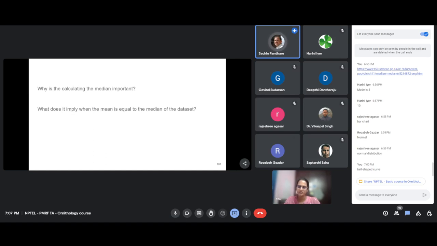As Suhail sir had mentioned, sometimes if there are outliers in the data, they may skew the mean. The median or mode stays stable, unaffected or least affected by those outliers. Yeah, that's absolutely correct.